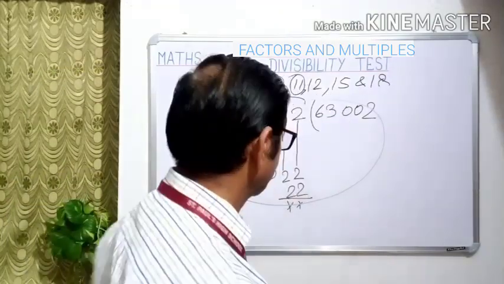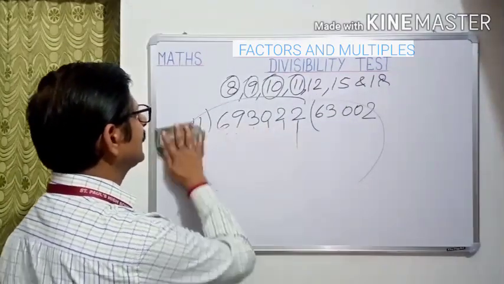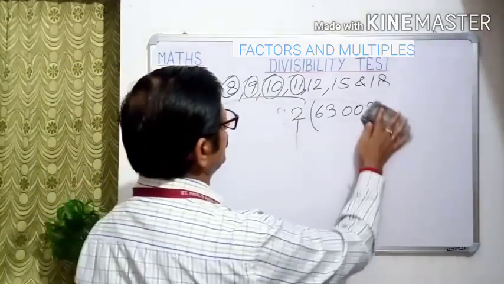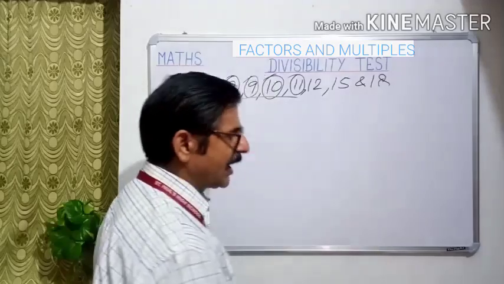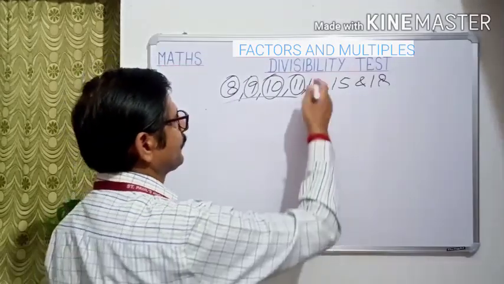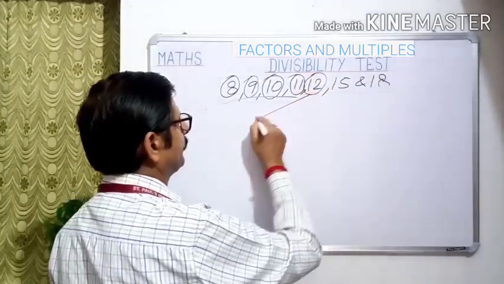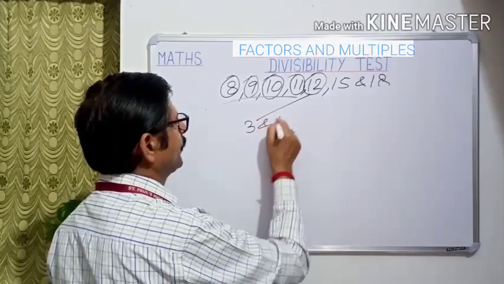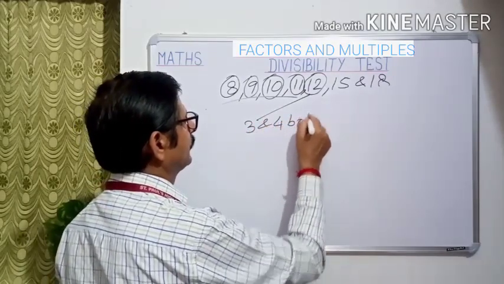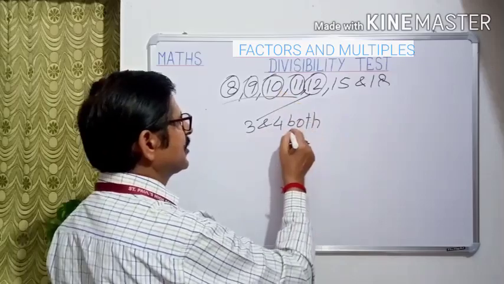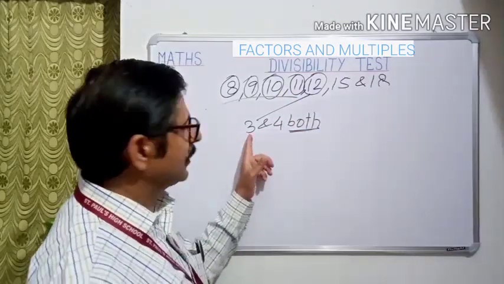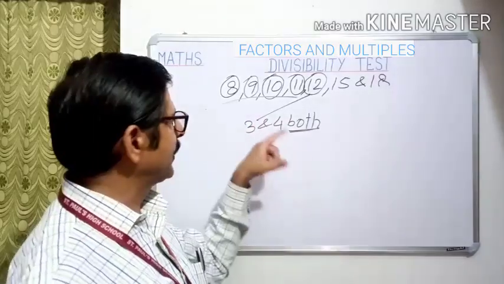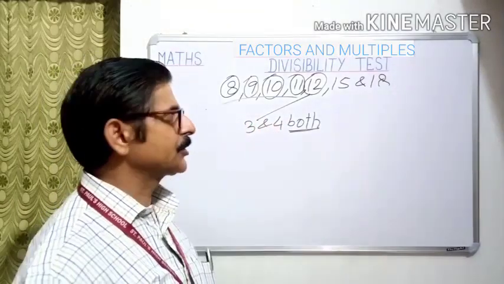For 12, a number is divisible by 12 if it is divisible by 3 and 4 both. This word both is important. For 3, I think you remember the rule, and for 4 also.